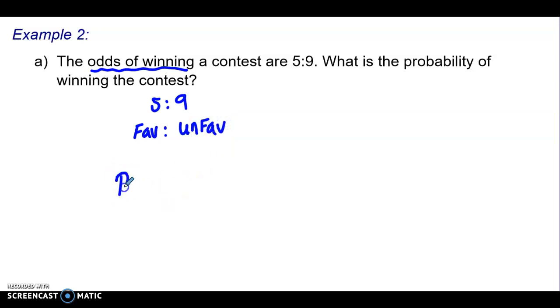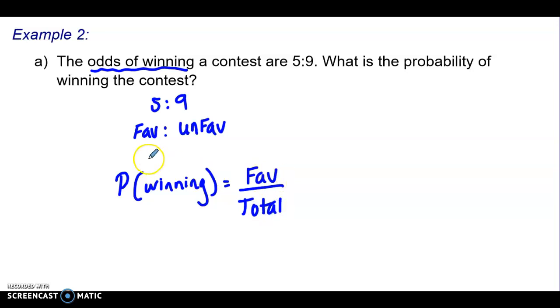We are looking for the probability of winning. So we want the fraction of favorable outcomes divided by our total outcomes. We have our favorable outcomes. That is 5. We need to find the total outcomes.